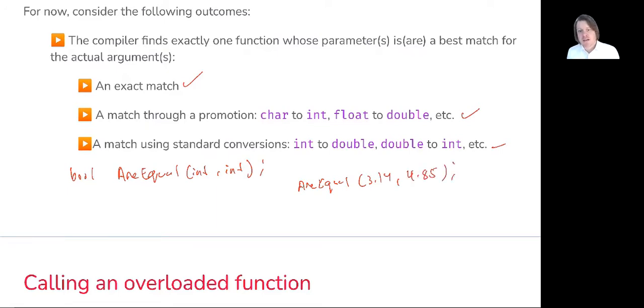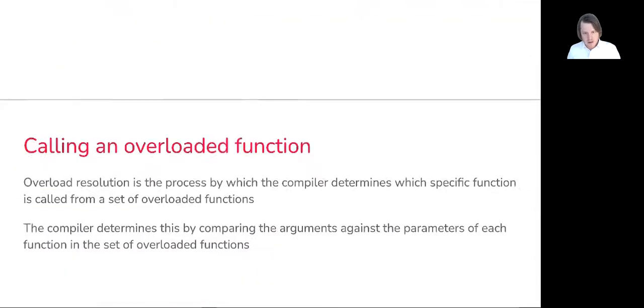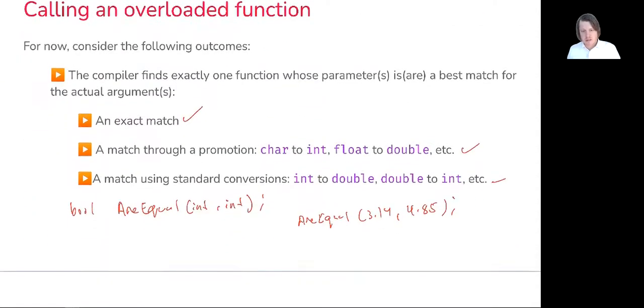Notice in this case, there's not a best match, nor is there a match that could be made through promotion. And again, we're assuming that we also have the whole family within this. So all of these are currently available to us.